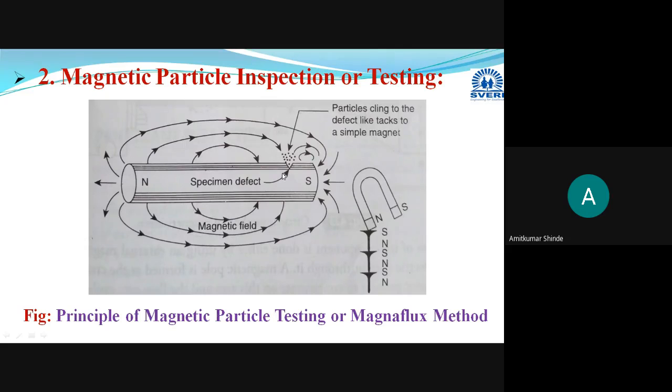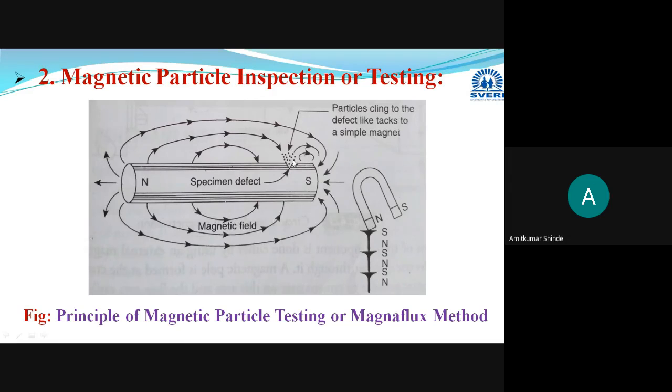In the third stage you just have to observe what is happening. At the location where a crack is present, all the powder will get concentrated at the location of that crack or defect.